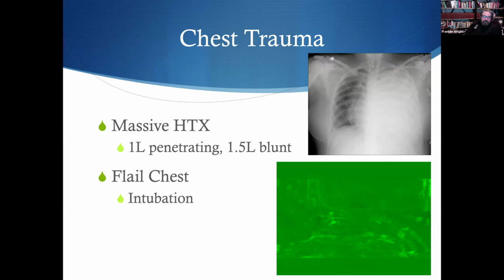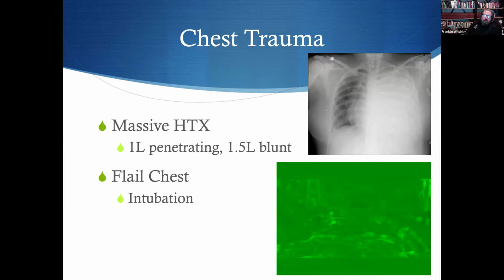And so it's not a big vessel that you're going to tie off. And we see that a lot more with chest crunch blunt injuries, whereas a stab or a gunshot tends to be a more linear tract. And if we're getting this much blood out, it's likely to be a focal lesion that we actually can control surgically. So the conventional teaching is about 1.5 liters initially or within the first few minutes.